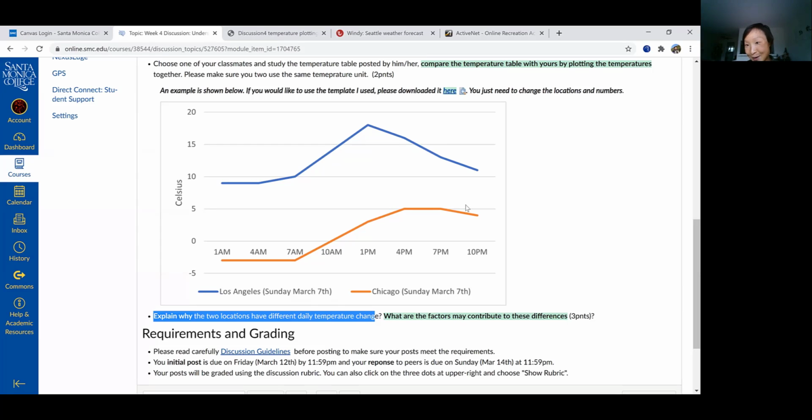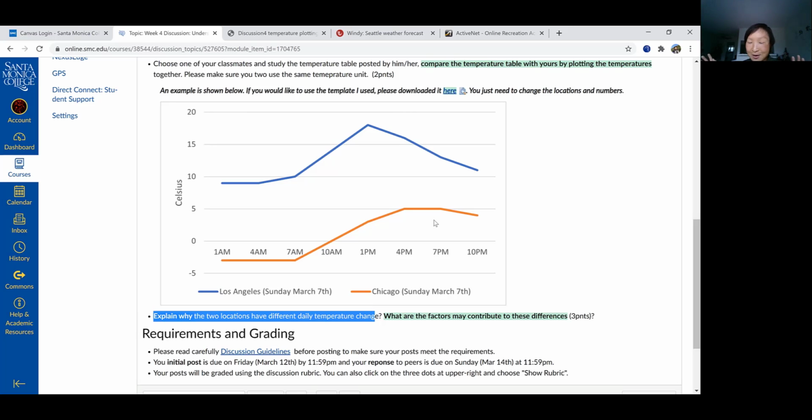Basically, latitude plays a role here because Los Angeles is close to the equator. Our short wave sun radiation is much stronger, more intense down here compared to Chicago. So you can see in general, our temperature in Los Angeles is warmer than Chicago.